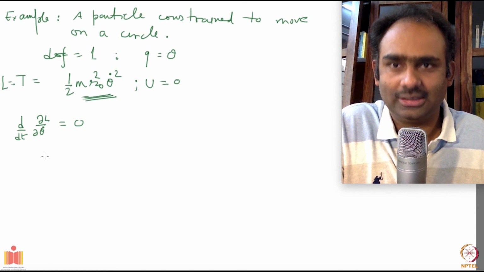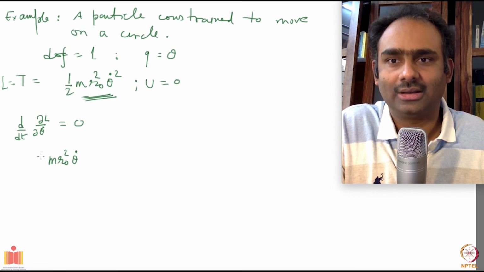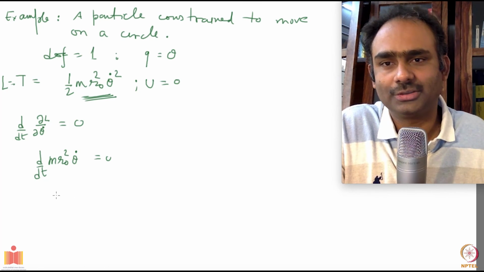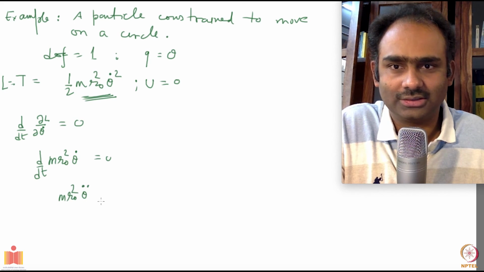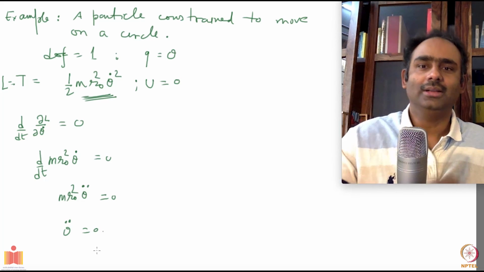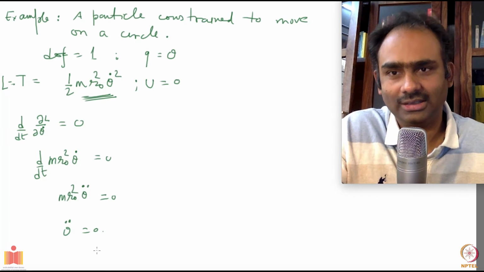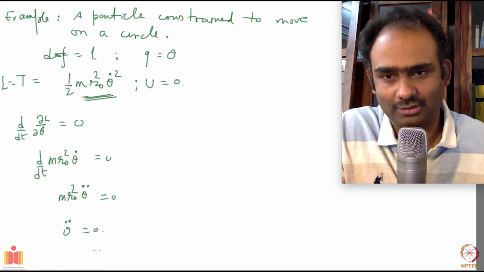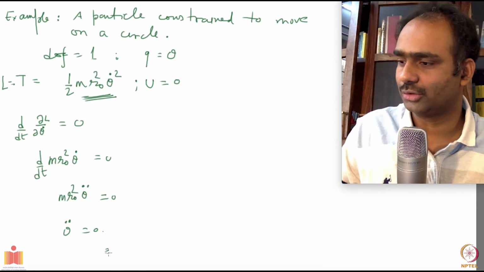Del L over del theta dot is m r naught square theta dot, which implies m r naught square theta double dot is 0, or theta double dot is 0. Meaning there will be no angular acceleration. So the particle will keep moving in the circle at the same angular velocity. That's what this equation is saying, which is also consistent with what you expect.